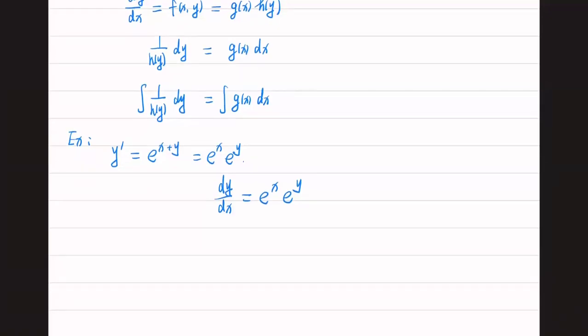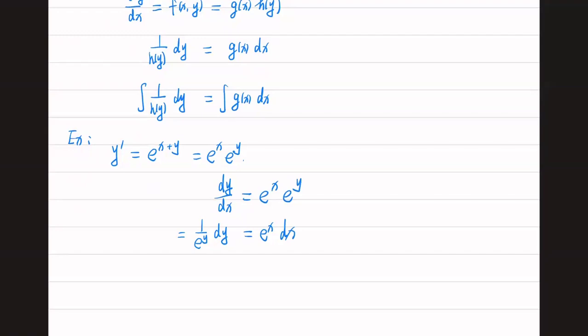Okay, so this will be, and this 1 over e to the y, by our exponential property, we just simplify it.